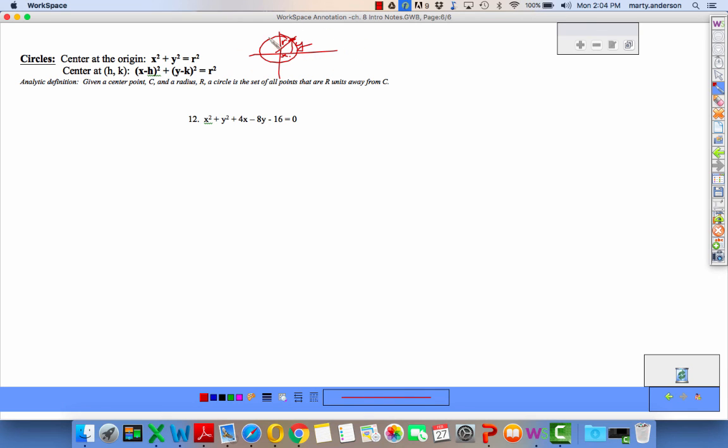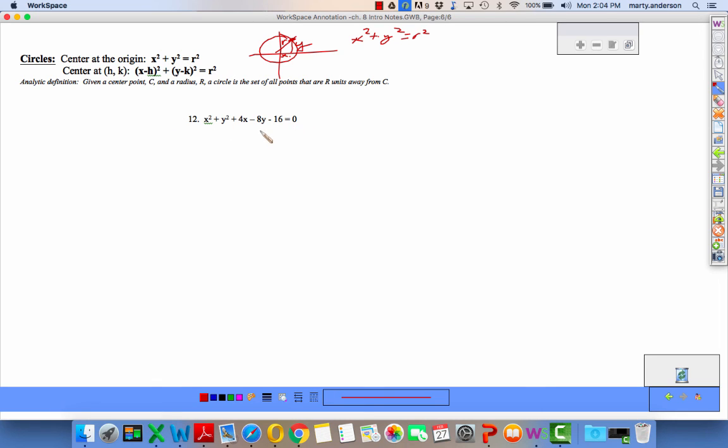So any point on a circle can be written as x squared plus y squared equals r squared, but that's when it's centered at the origin. So you have that formula right there. And then in the unit circle, we just turn this into a 1. Well, that's not going to be the case for all these other circles. And then we have x minus h squared plus y minus k squared equals r squared.